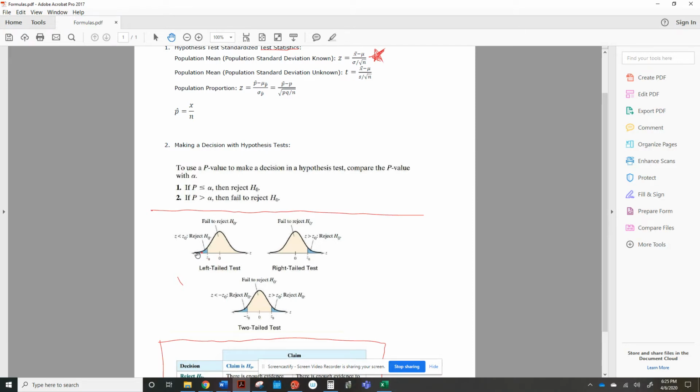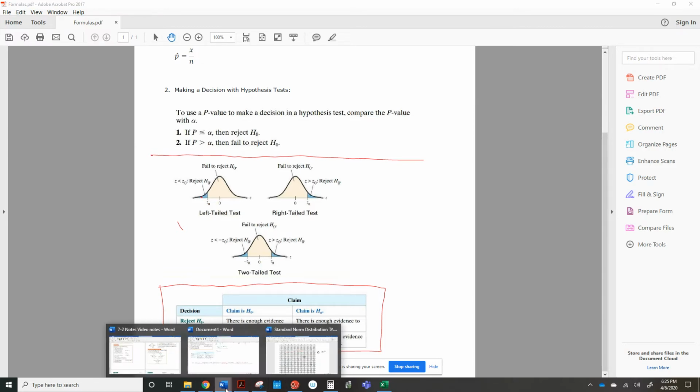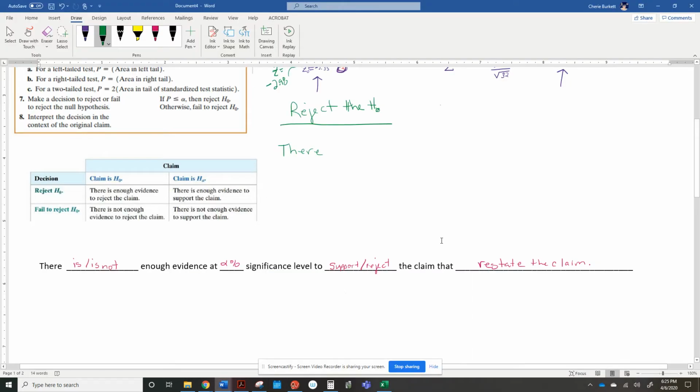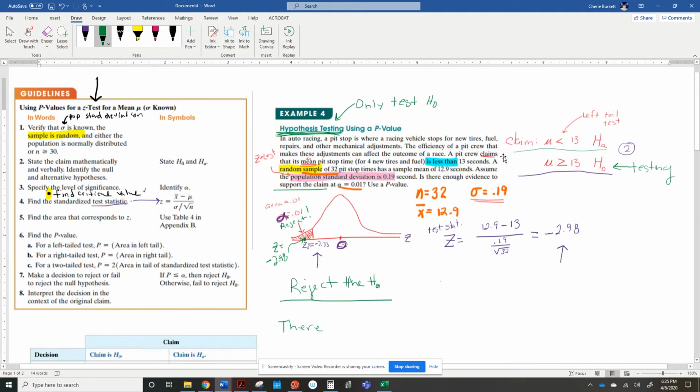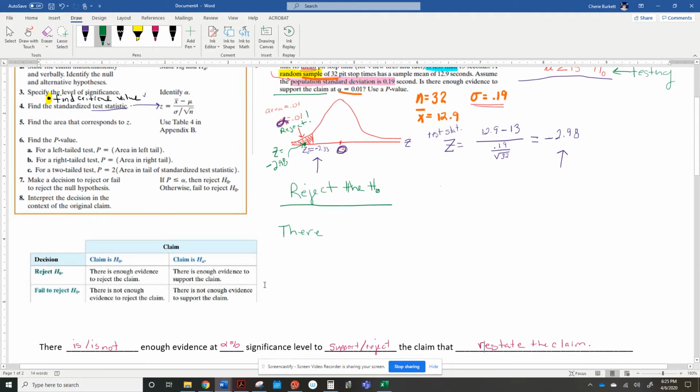StatCrunch. So I can now come down here and use this table. So you don't have to memorize the table. You just have to be able to use it. So the table says in this particular case, my claim was my alternative. So I come down here, was your claim your null?